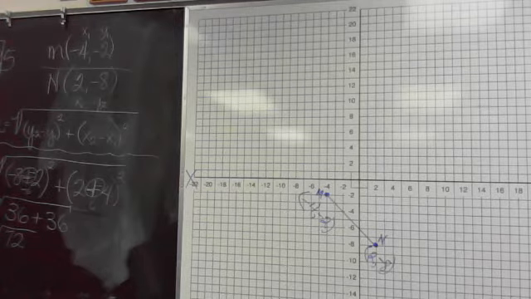So your answer, D, is approximately, this little curly equal sign means approximate, and it means that you have rounded your answer. 8.49 would be the length of segment MN.